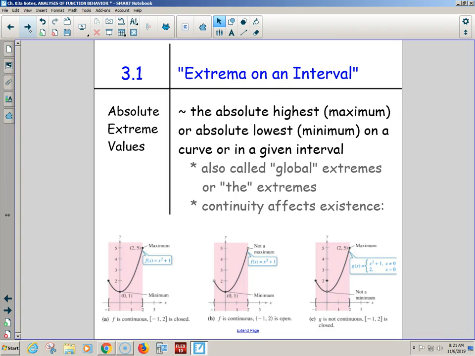Right now, there are different types of extrema. Some of them are absolute and some of them are relative. Absolute versus relative. Where have you guys heard those words used? Life. Everything's relative. Absolute truth and relative truth.